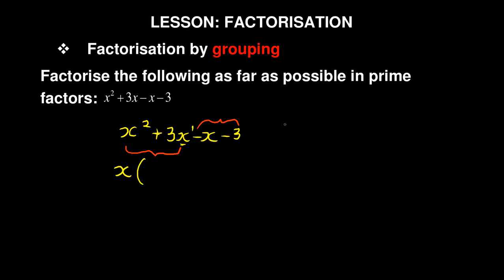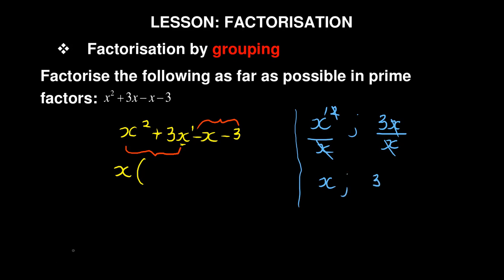So when I say x is common, it's like I'm dividing each item in the first 2 by x. The x into x squared, remember x squared is x times x, so I cancel 1 to remain with x, and then x into 3x. What will remain is x this side, and 3 that side. So I will have x plus 3.